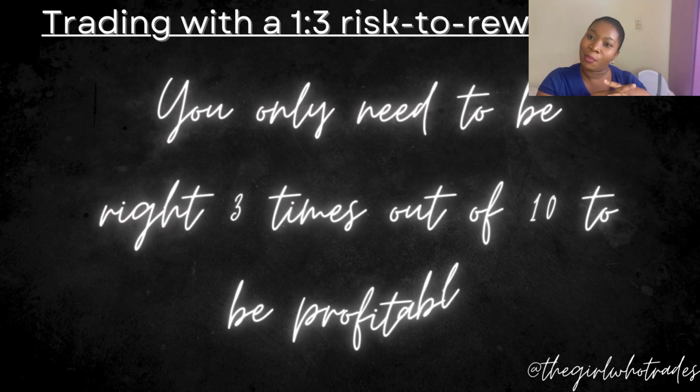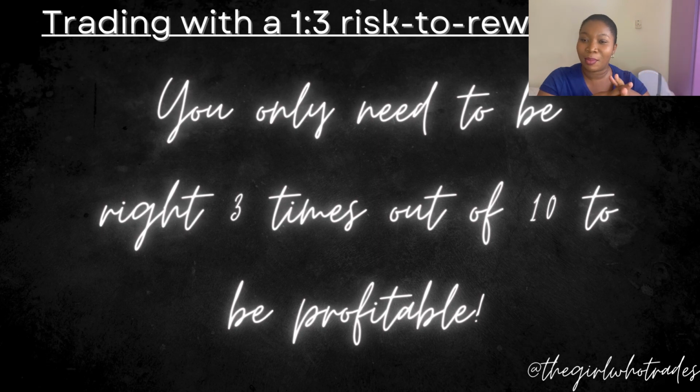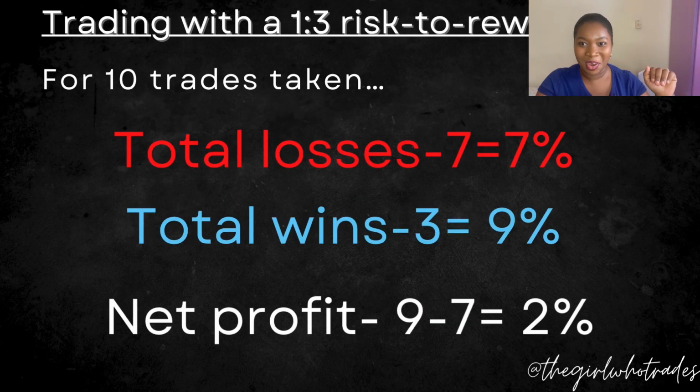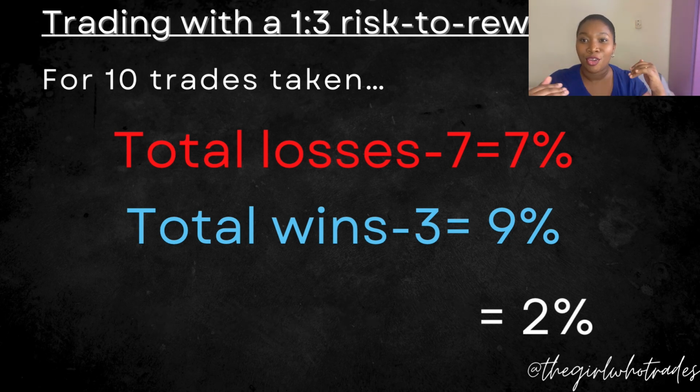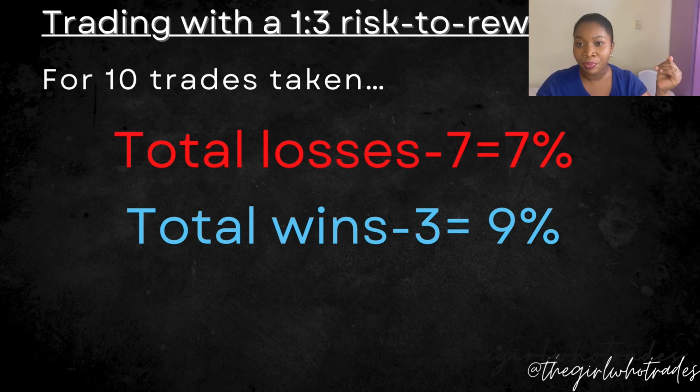If you lose 7 out of 10 trades and win 3, not breaking even, you're going to be profitable. In this example, 7 trades end in losses, and 3 trades end in full profit of 3%, which puts you at a net profit of 2% at the end of the day, which isn't even a bad thing to begin with.